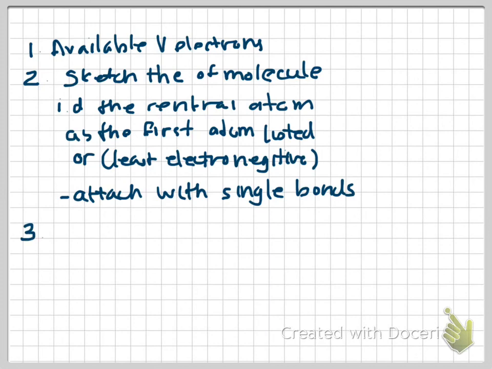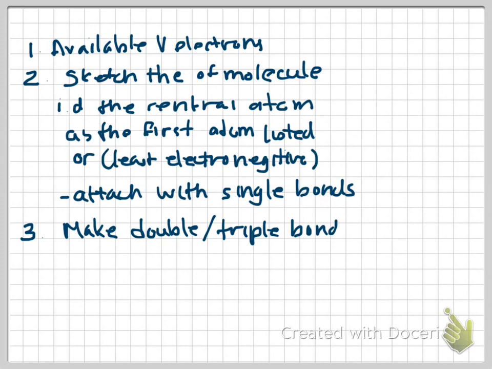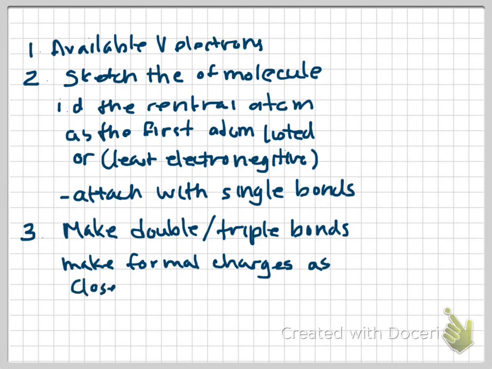The third step was to make double and triple bonds to satisfy any deficiency on the central atom, which is not going to be the case here because these are expanded octets, but also to make formal charges as close to 0 as possible.